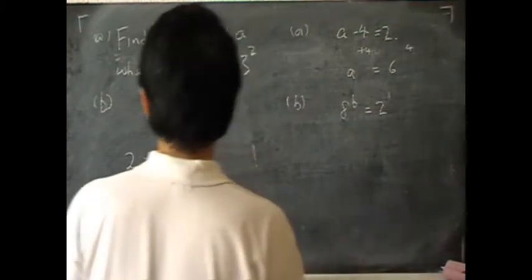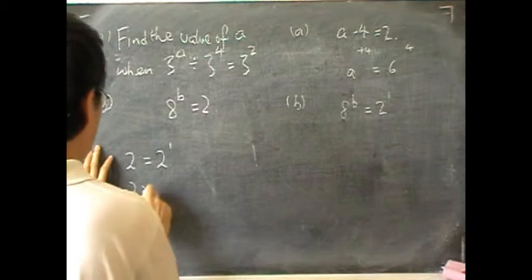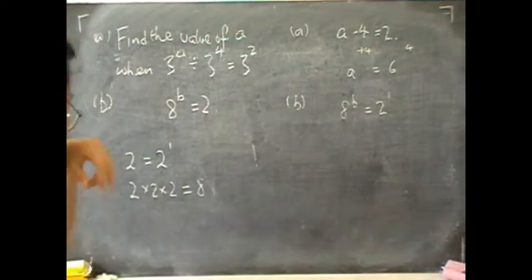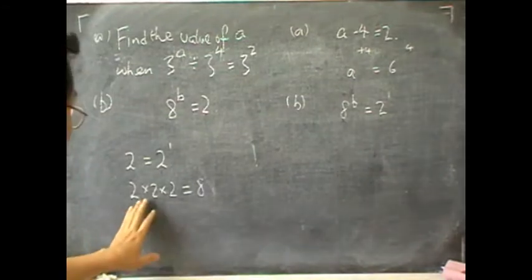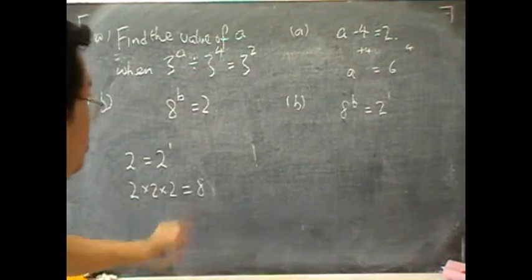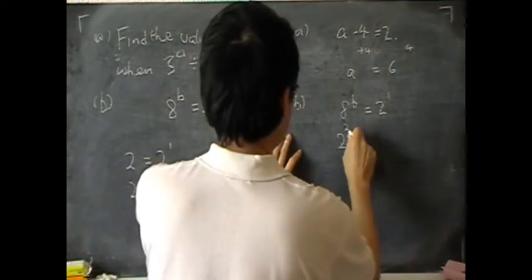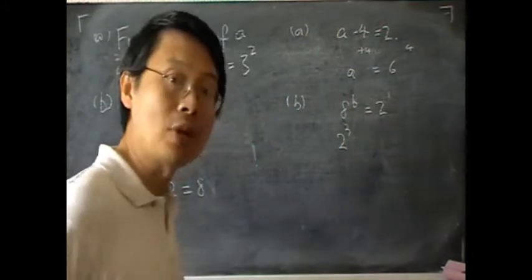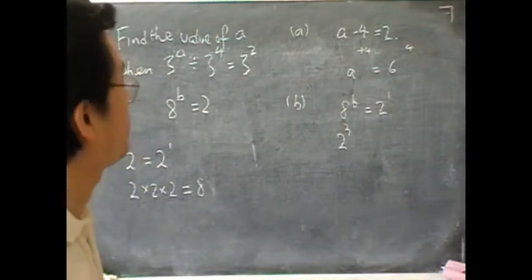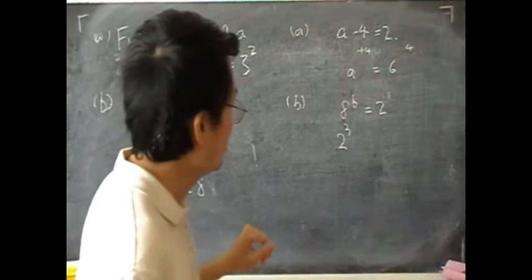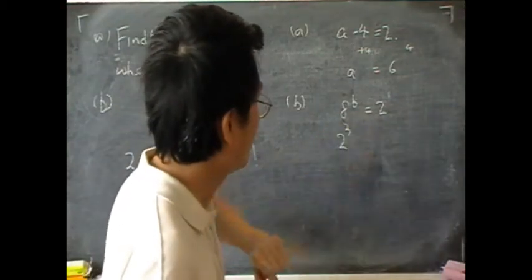We know that 2 times 2 times 2 is equal to 8. And 2 times 2 times 2 is really the same as 2 cubed. So 8 is 2 cubed. Now, next I have to think about the b.